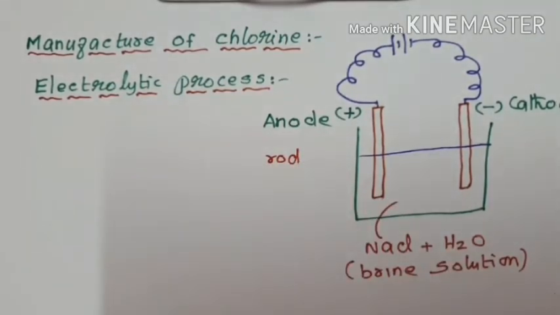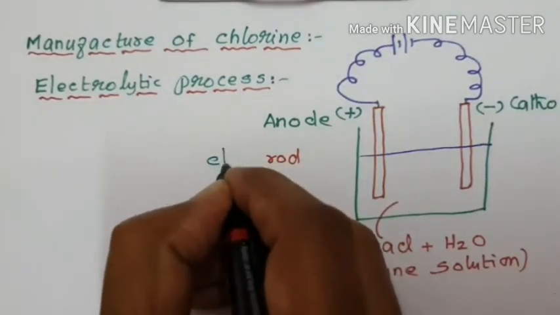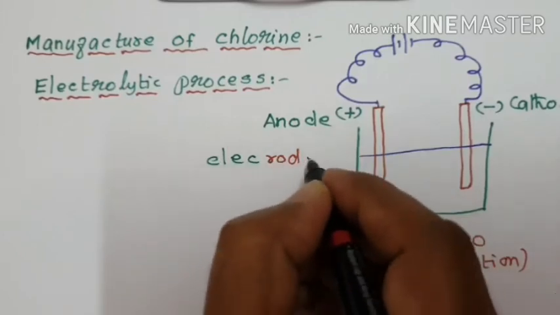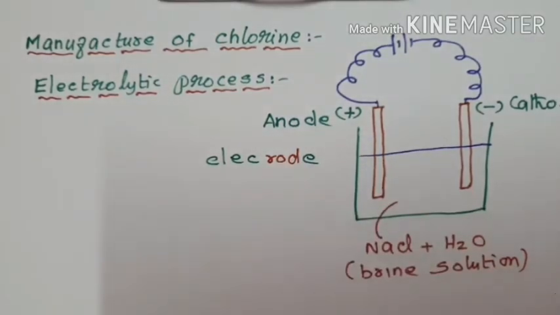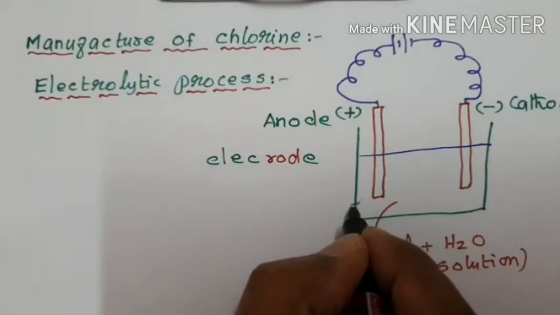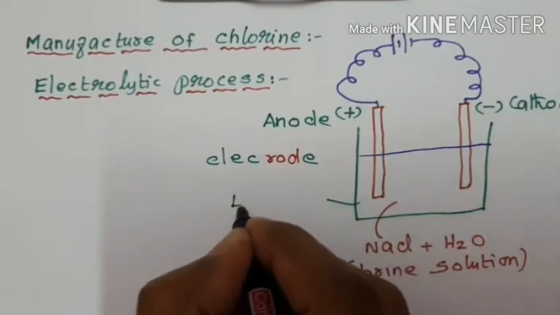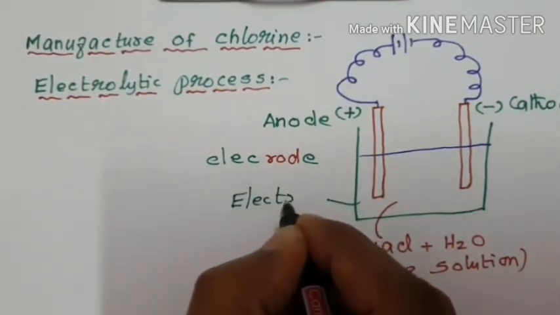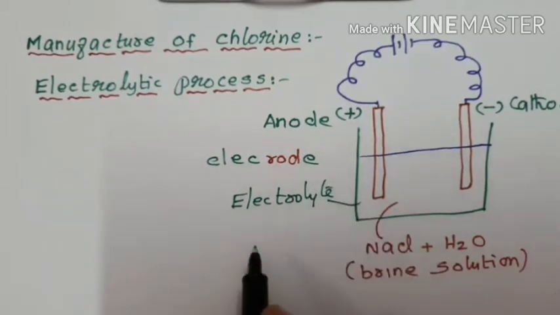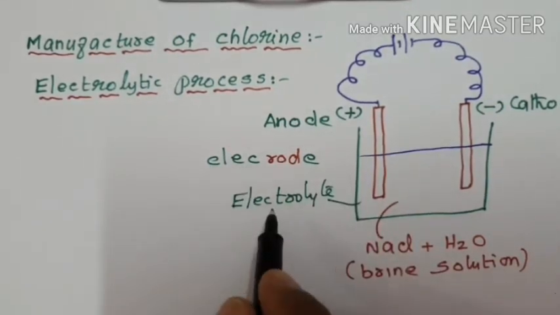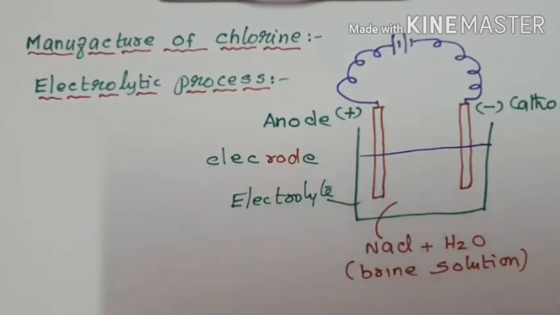When electric current is passed through them, the same rods are called electrodes. In the absence of current, they are called rods. Like that, initially it is a salt solution, but in the presence of current, the same salt solution is called an electrolyte. This word elect indicates that current is passed through that solution.